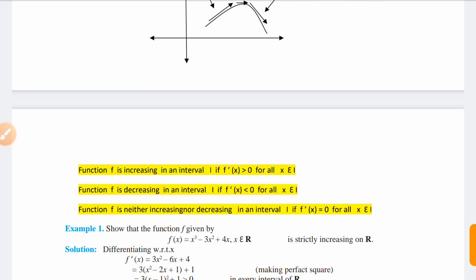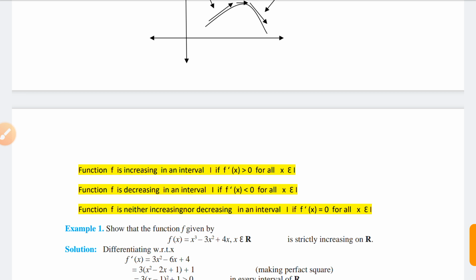Now for the increasing function: a function is increasing in the interval if f'(x) is greater than 0 for all x belonging to I, and the function is decreasing in the interval if f'(x) is less than 0 for all x belonging to I, and the function is neither increasing nor decreasing in the interval if f'(x) is equal to 0 for all values in the interval.